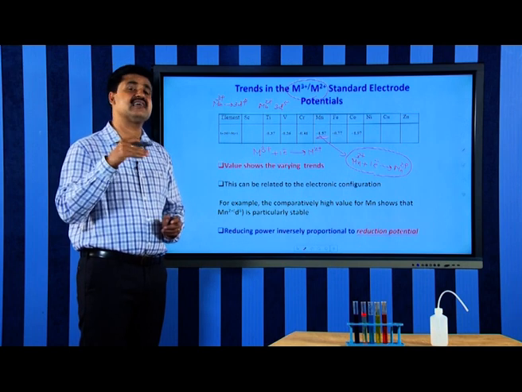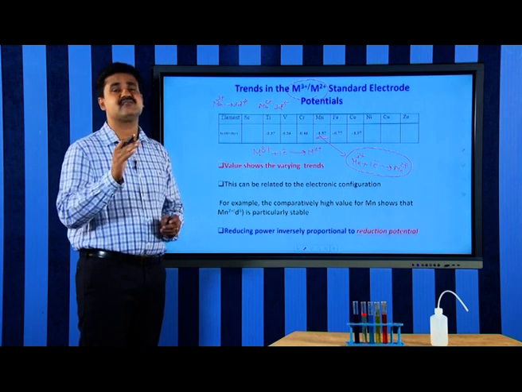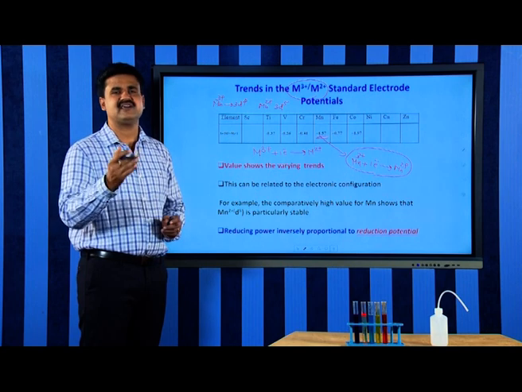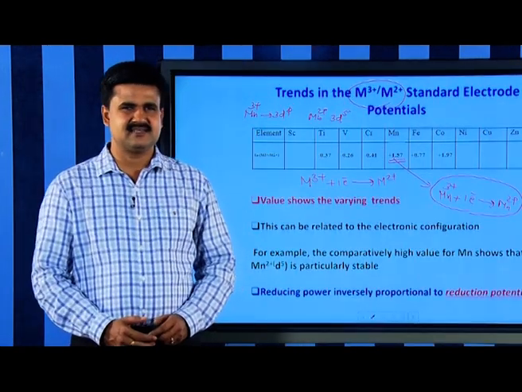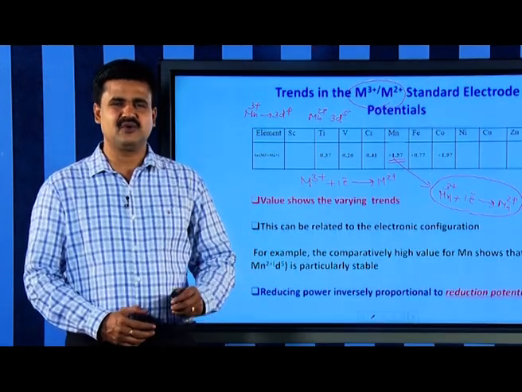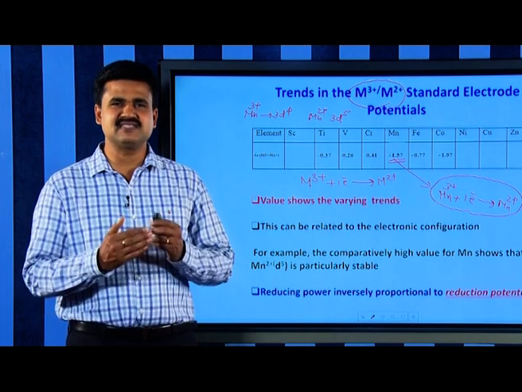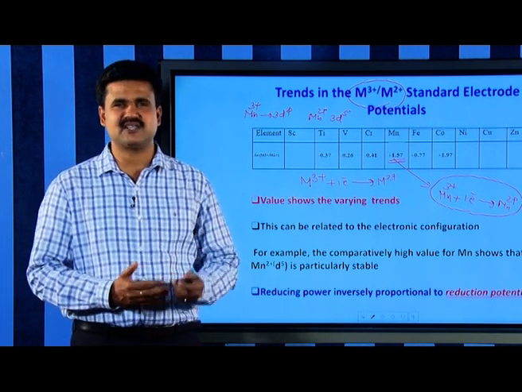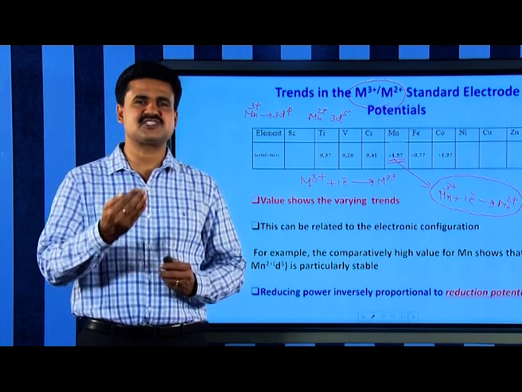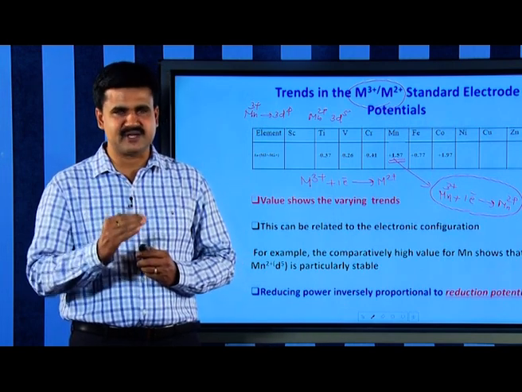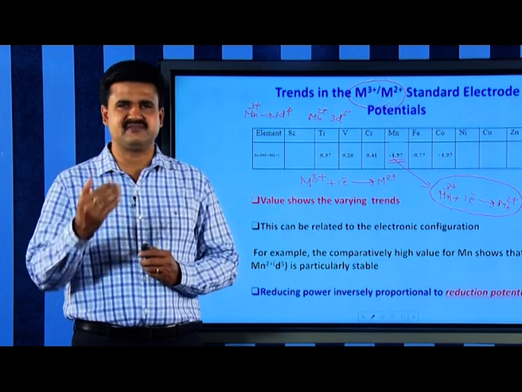That is, the higher the reduction potential, the lower will be the reducing power, and vice versa.